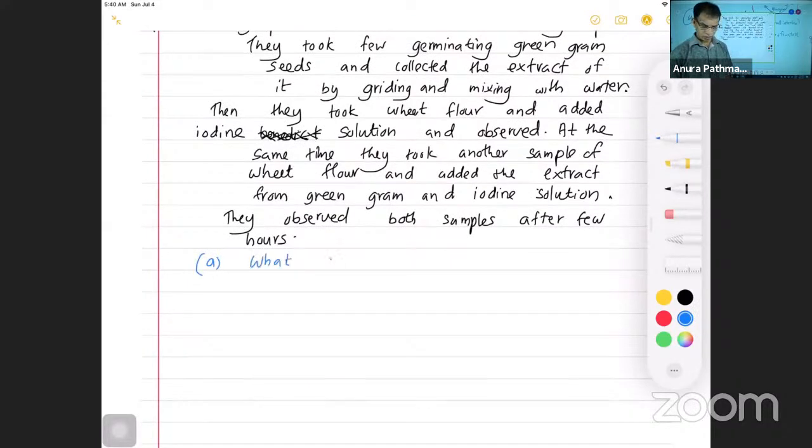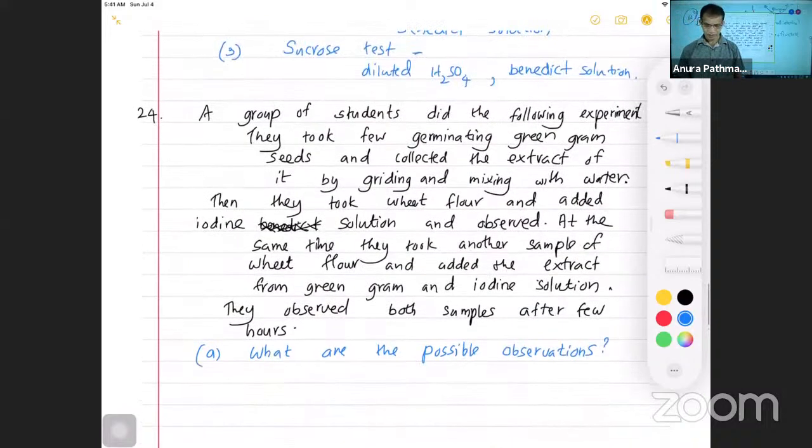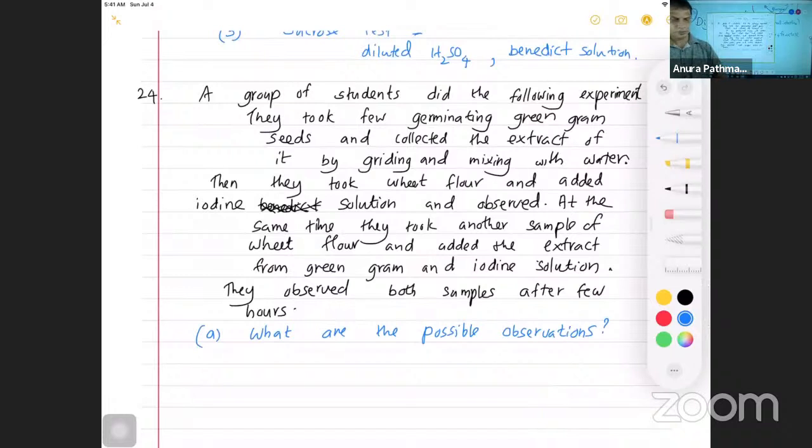What are the possible observations? Can you understand what the question is? Yes or no?